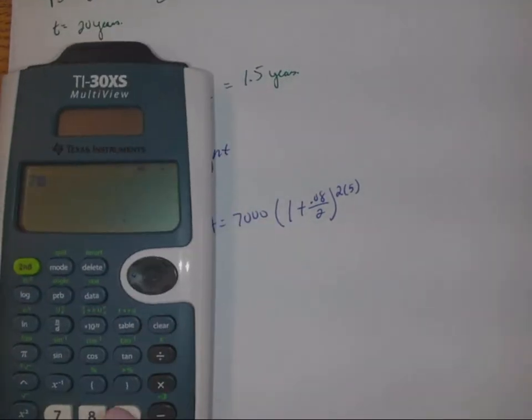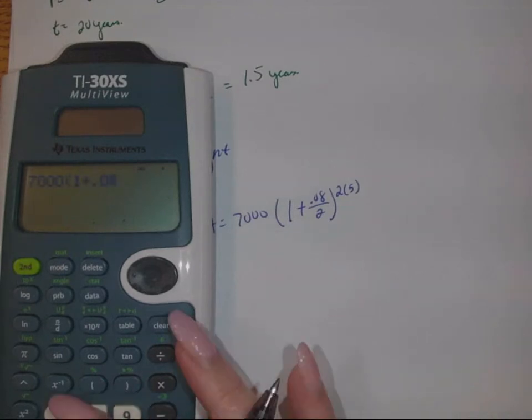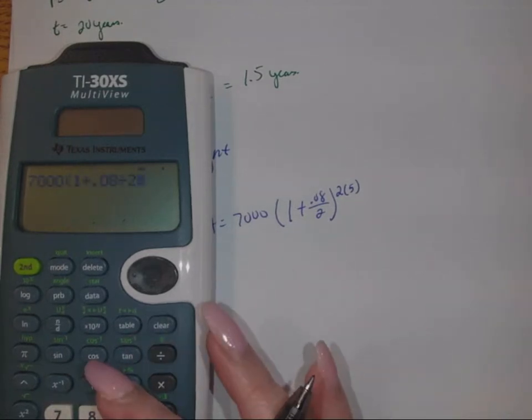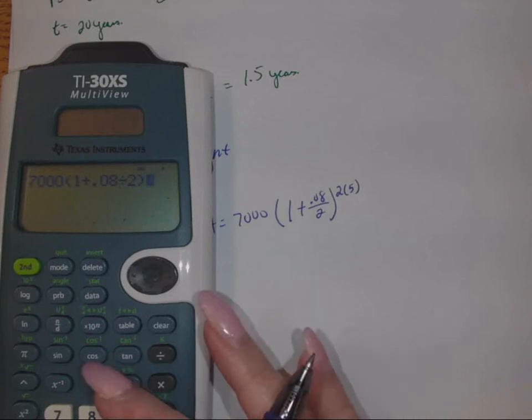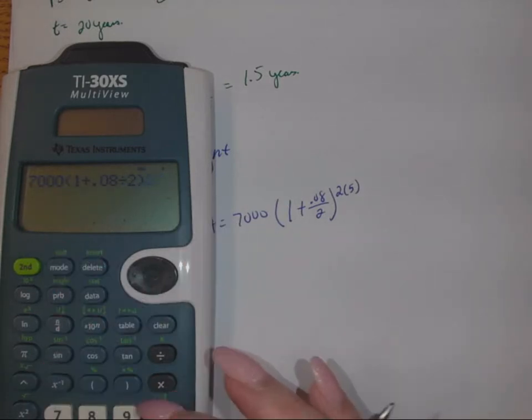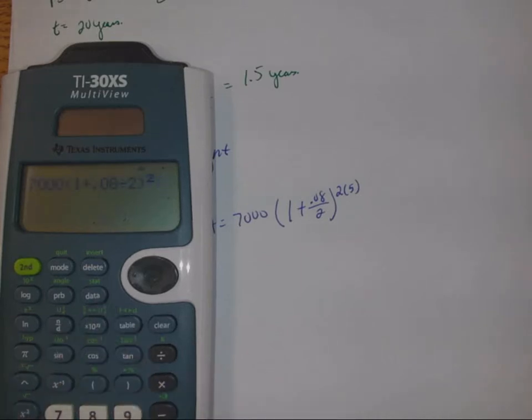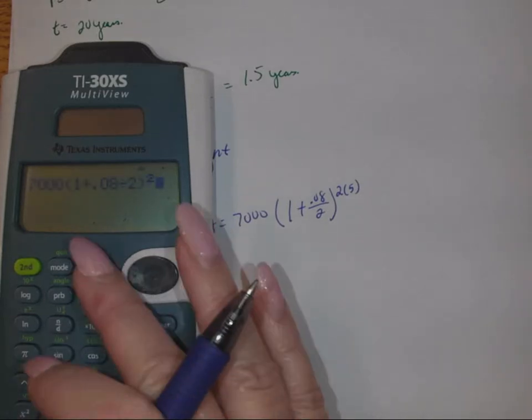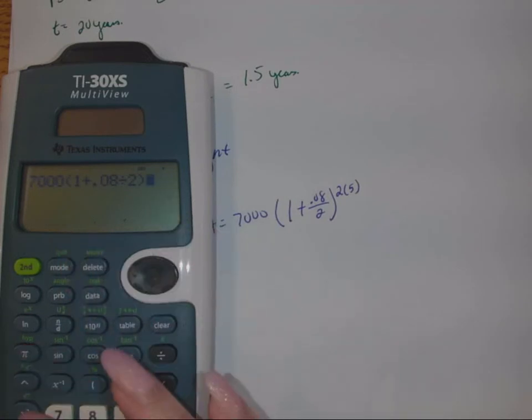Now, you have to be careful when you're putting it into the calculator. So we've got 7,000, parenthesis, 1 plus 0.08 divided by 2, raised to the power, which is this little rooftop key. Raised to 2 times 5.